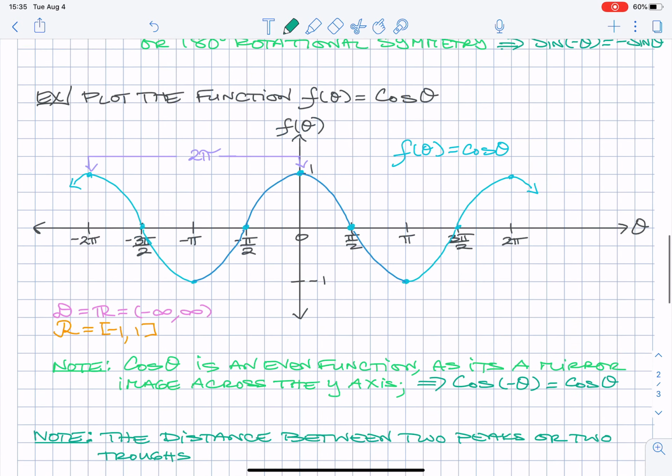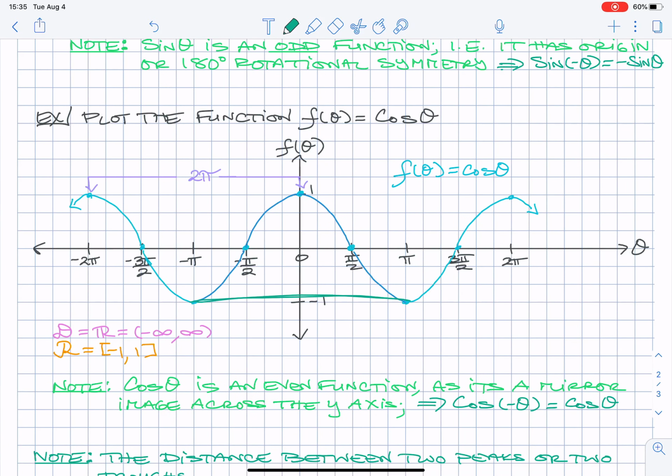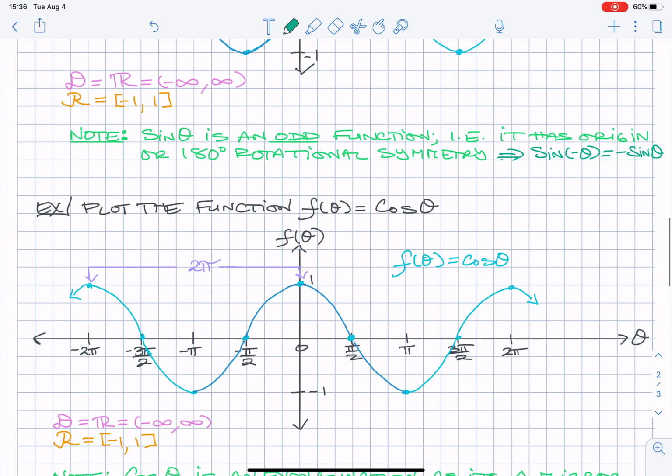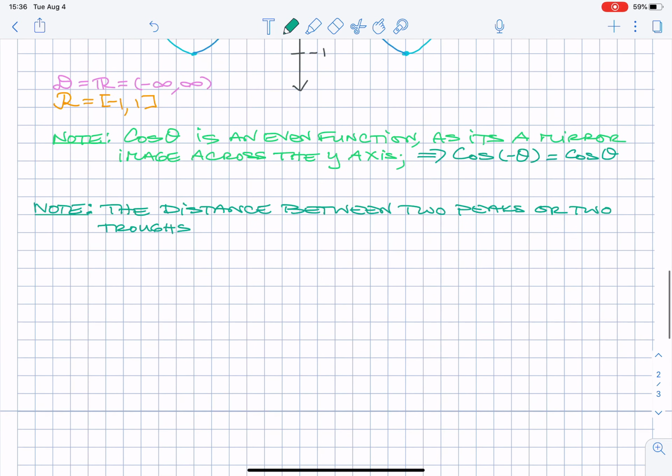So what do I mean by that? That would be trough to trough down here, or trough to trough down here, for both sine and cosine.